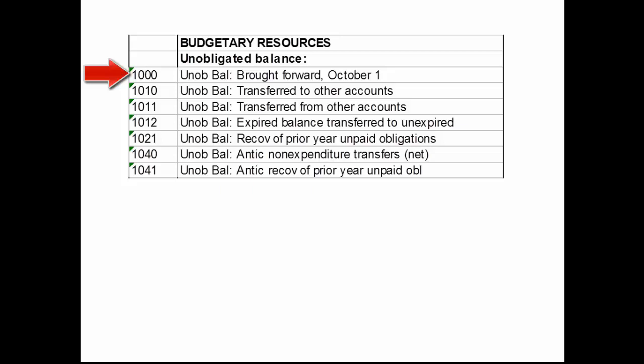What are upward adjustments? Well, these are adjustments that include the recording of obligations or expenditures that were made before the account expired but weren't recorded in the financial system, or adjustments made for the difference between the original and revised amounts of the obligation.